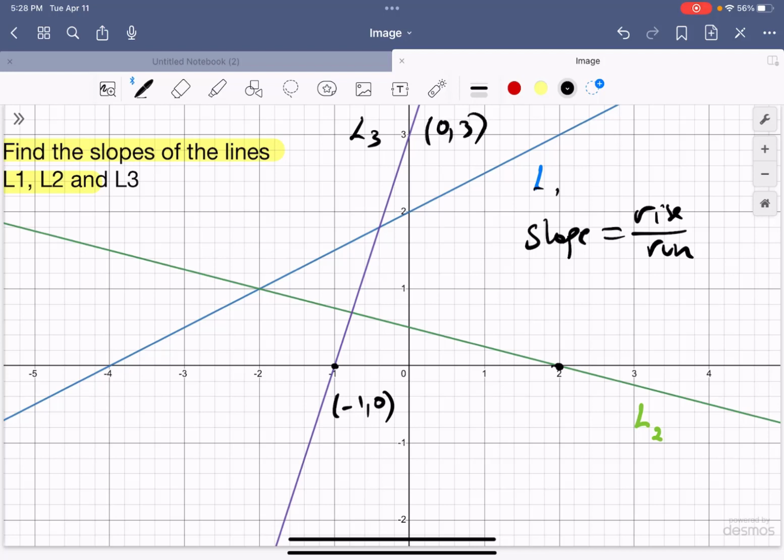So going from -1 to 0, we're gonna rise 1, 2, 3. So rising 3 and running 1, which is 3/1. So the slope for L3 is just 3.